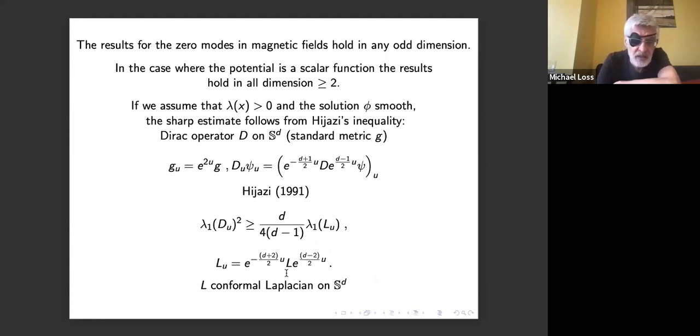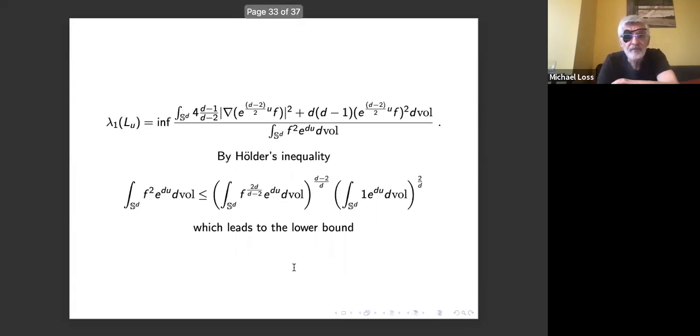So L is the standard Laplacian on S^D, and then you conformally change it by pre-multiplying with this multiplier and post-multiplying. Okay, so that's what he got. I'm not going to prove this. One can read this up in his paper. It's a CMP paper.